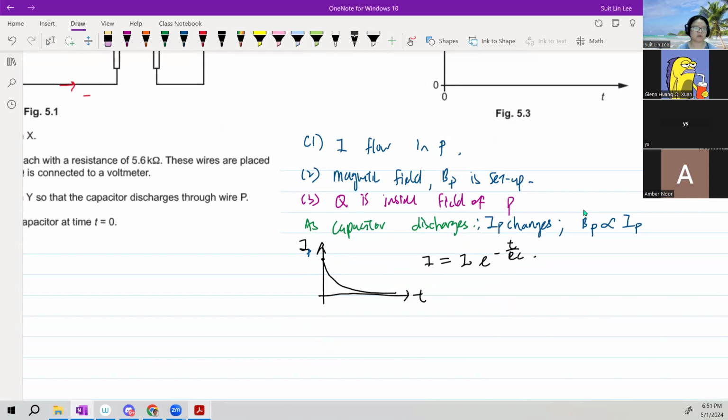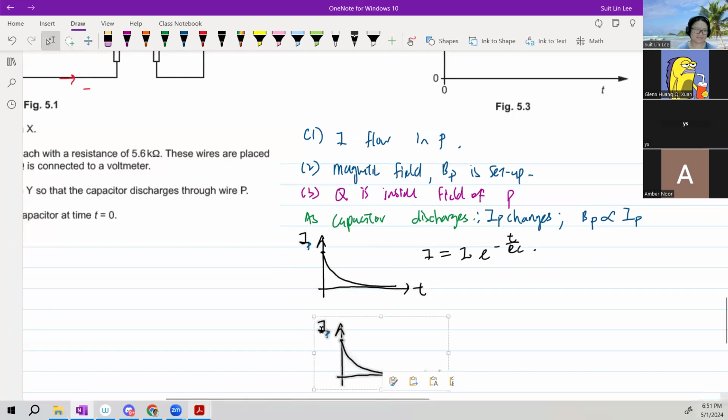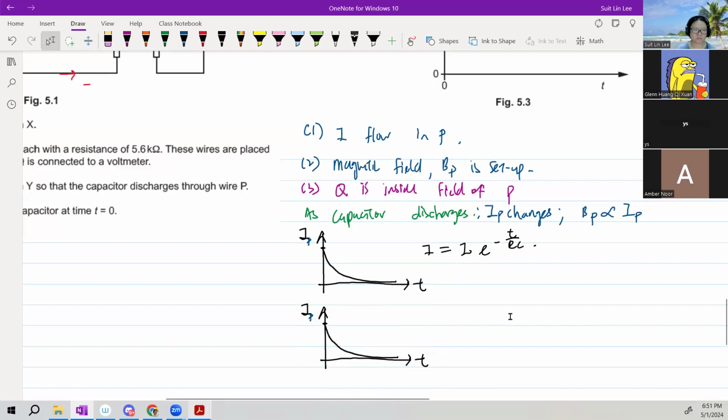Why would I want to draw again? I just copy paste the graph. So this one is the magnetic field. Again, the values of the y-axis will be different, but the shape of the graph is going to be the same because B is proportional to the current. BP is proportional to current in P.